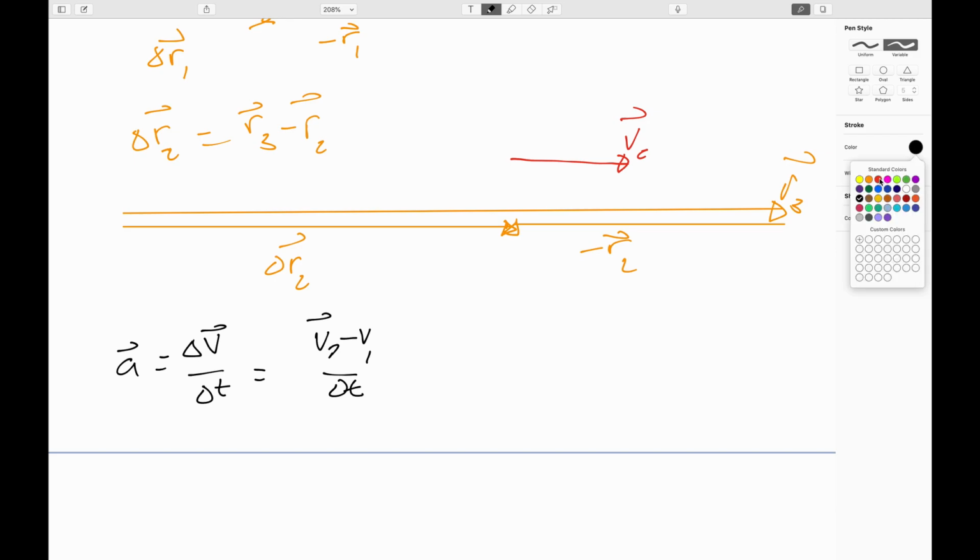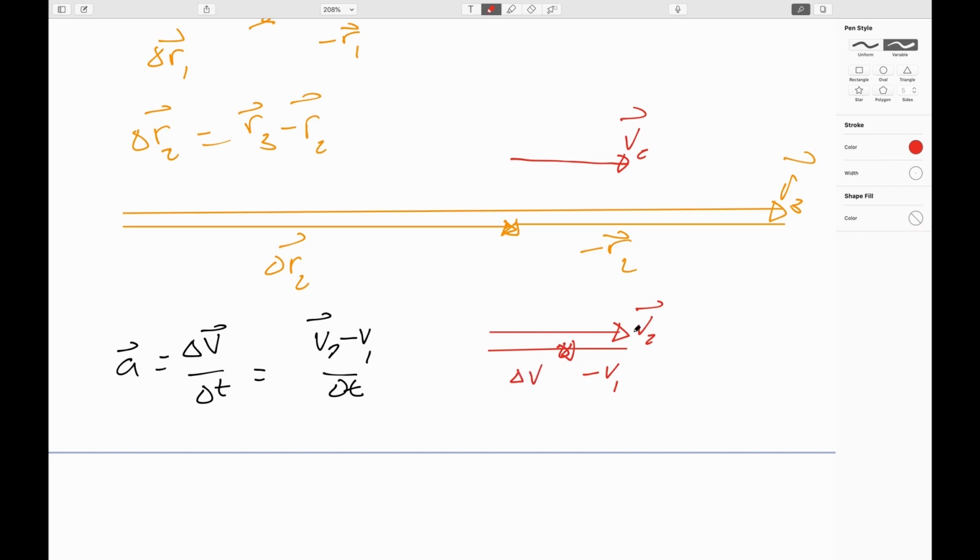So then there's my v2. I will add to that negative v1 to get delta v pointing to the right.